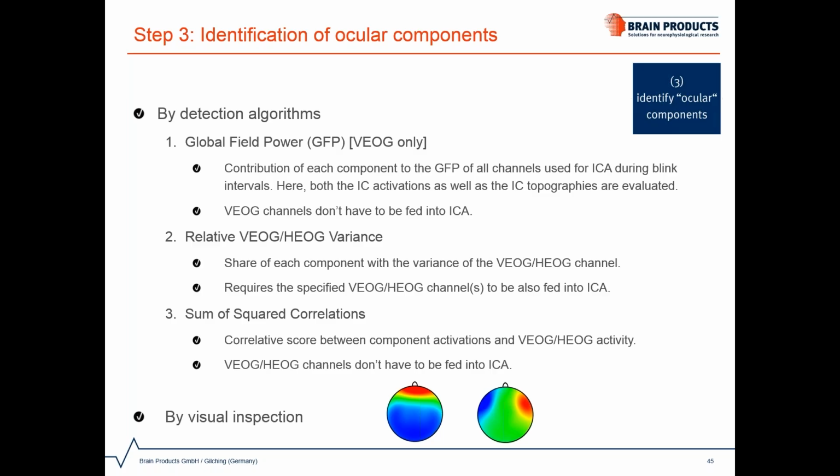Do not trust this algorithm 100%, which is why we also say do not use the automatic option. Check if the algorithm has worked and a good job was done, but still verify that the selected components really look like ocular components, and also check the non-selected components in case something was overlooked.